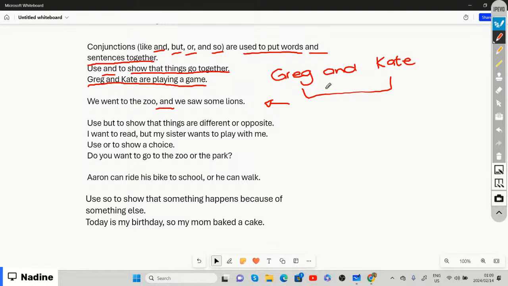So the first one would be putting two words together, Greg and Kate, this and that, and the second is putting sentences together. We went to the zoo and we saw some lions. That is basically putting two sentences together.